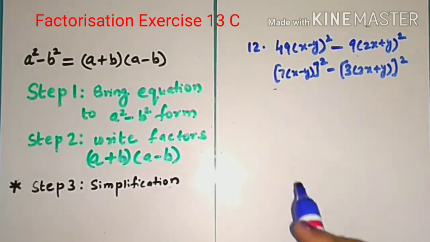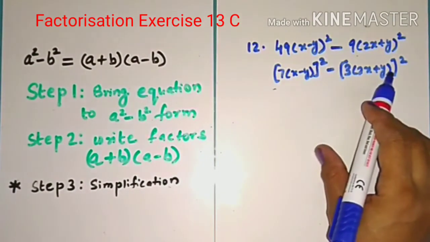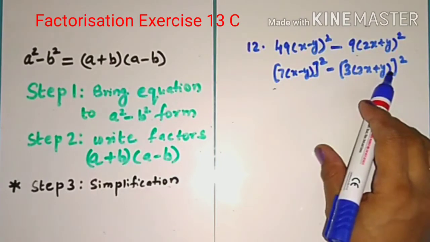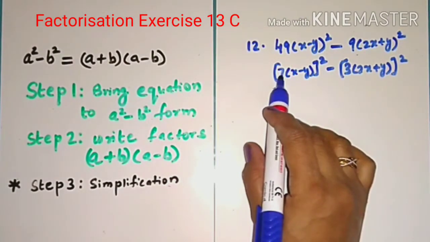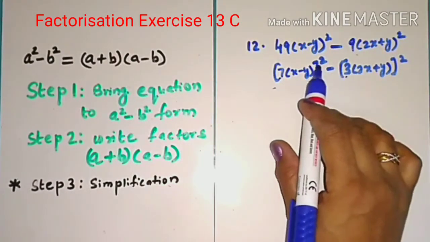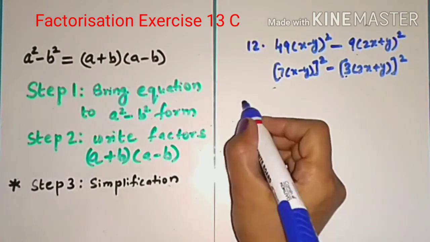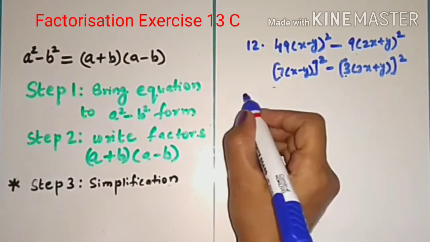12th sum. I have written this in a square minus b square form. Now we have to write a plus b and a minus b. 49 is taken as 7 inside the bracket and 9 is taken as 3 inside the bracket. Now we have factors a plus b and a minus b we have to write.